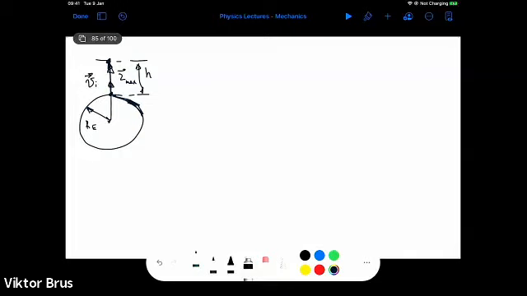So let us consider that we have a certain distance we want this projectile to reach. Let's say we specify this R max, and we want to know which initial velocity the projectile should gain in order to reach this position.